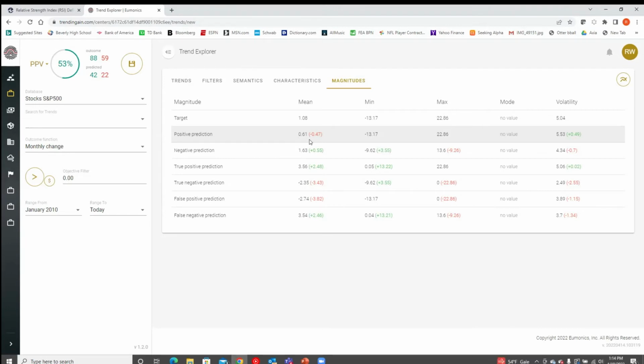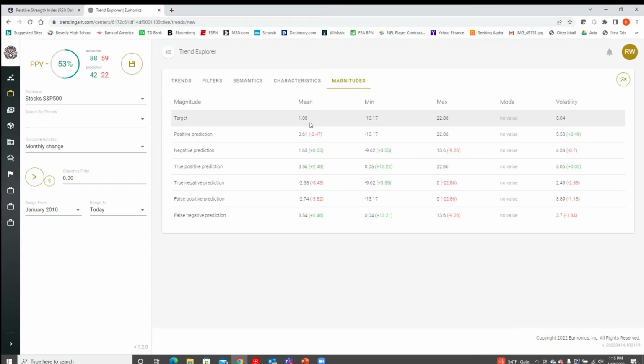So again, I'll explain this one more time, and we'll probably have to do another demo to go into this in more detail. But on average, Apple stock price goes up by $1.08. When the relative strength is greater than 70, the increase is only an average of 61 cents. So it's not going down, which is kind of what our theory suggested, but it's not going up as fast as the average rate.